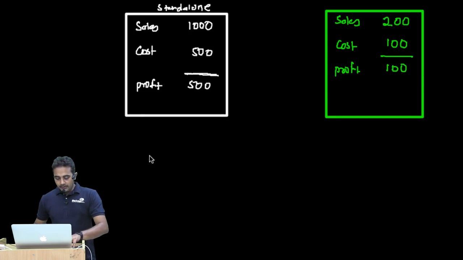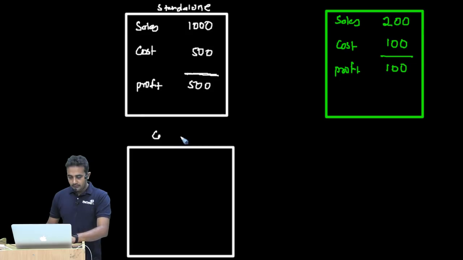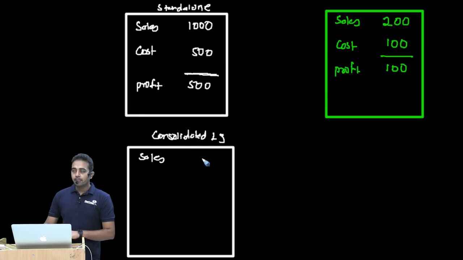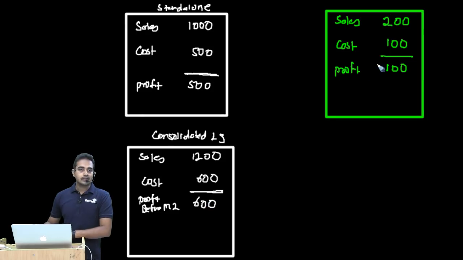Now you prepare a consolidated income statement. Okay, so consolidated income statement works out like this. Here you would say sales 1000 plus 200, 1200. Cost 500 plus 100, 600. So total profit before minority interest is 600.